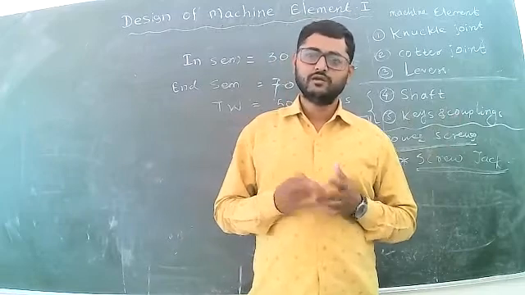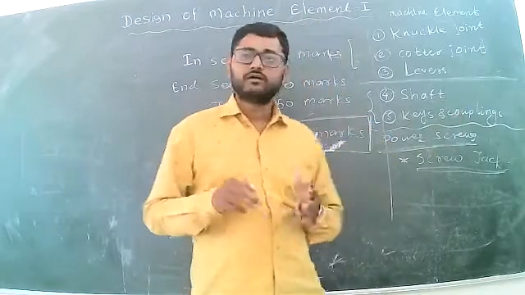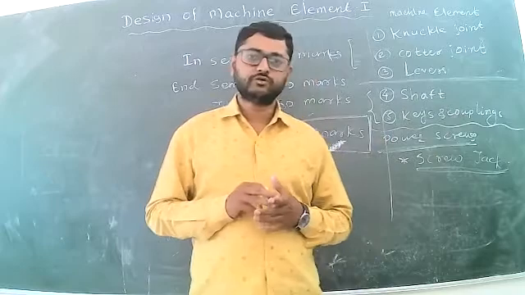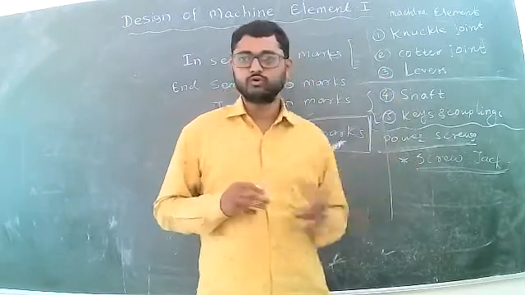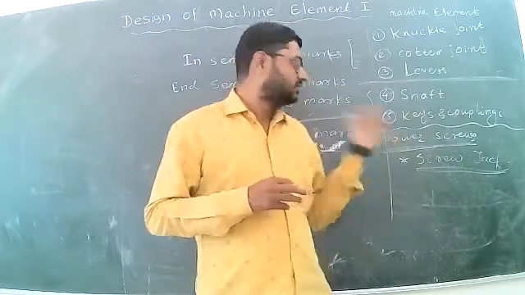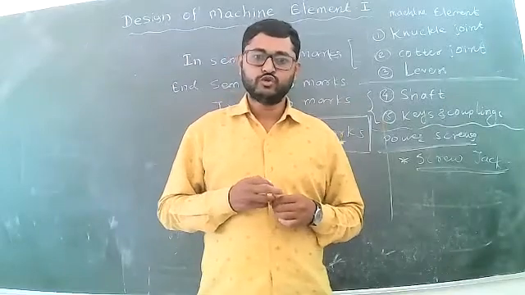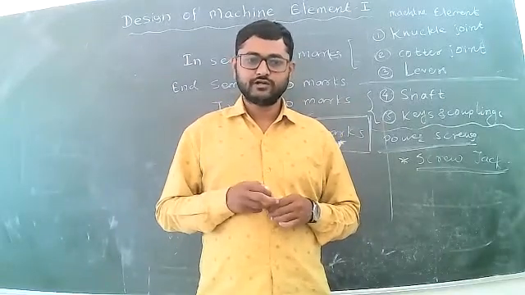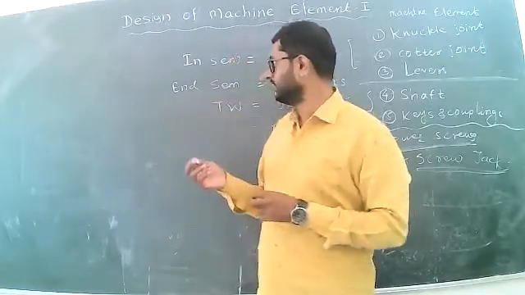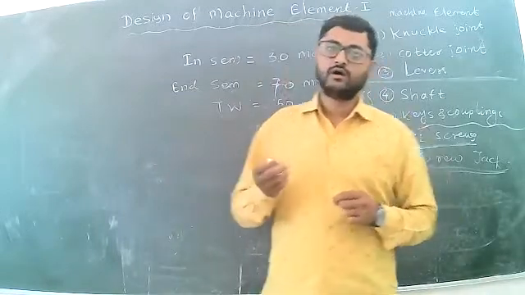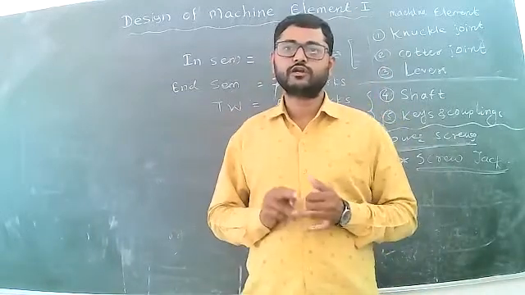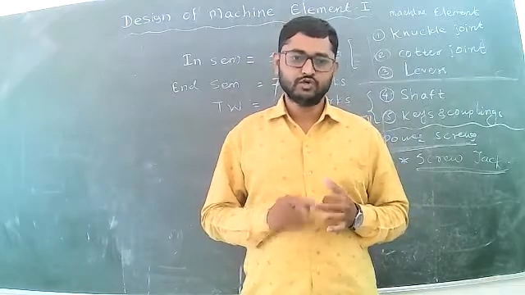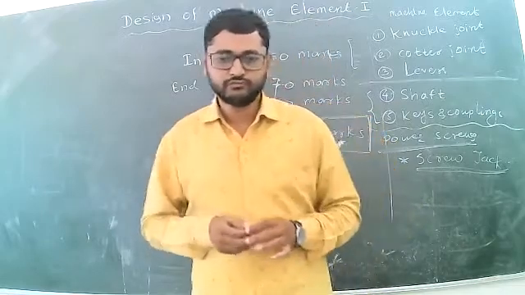There are many machine elements, but in your Design of Machine Element 1 syllabus you only have to learn these machine elements. In tomorrow's lecture, we'll see in detail how to design a quarter joint, knuckle joint, or levers. So today we stop here.